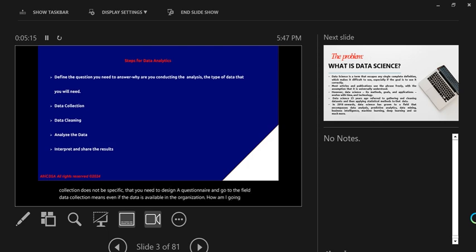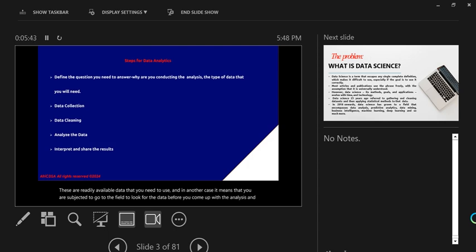We are going to look at such a case as we proceed, whereby in one scenario, there is readily available data that you need to use, and in another case, you are required to go to the field to look for the data before you come up with the analysis and insights.